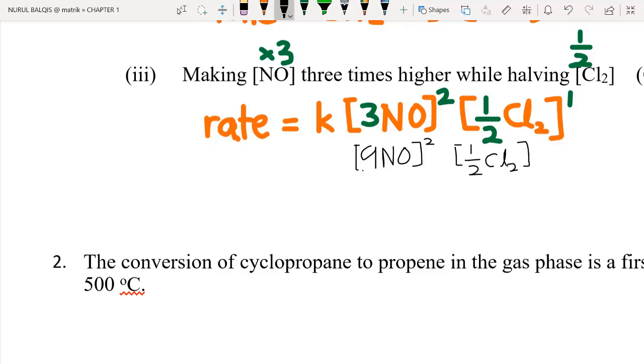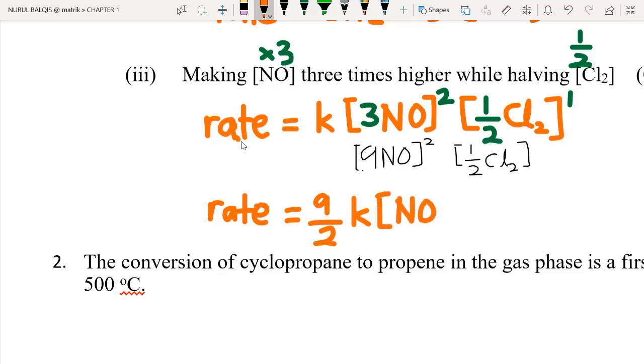Okay. So our final rate law would be rate is equal to 9 times 1 over 2. Then we're going to have 9 over 2K. And then simply copy NO raised to the power of 2 and then Cl2 to the power of 1.